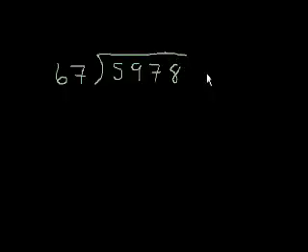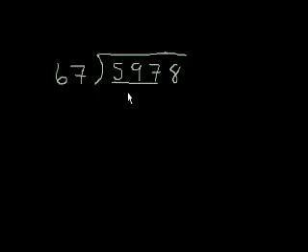So I just picked these numbers randomly out of my head, so I'll show you that I also sometimes have to do a little bit of guesswork to figure out how many times one of these two-digit numbers goes into a larger number. So 67 goes into 5 0 times. 67 goes into 59 0 times. 67 goes into 597.